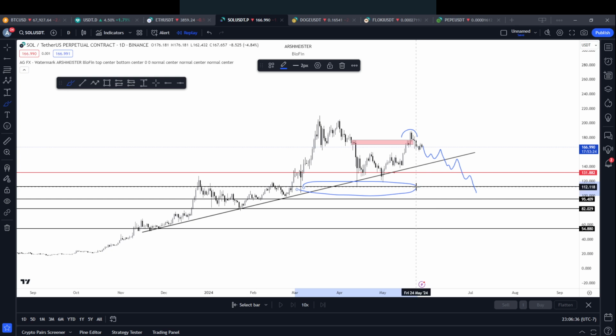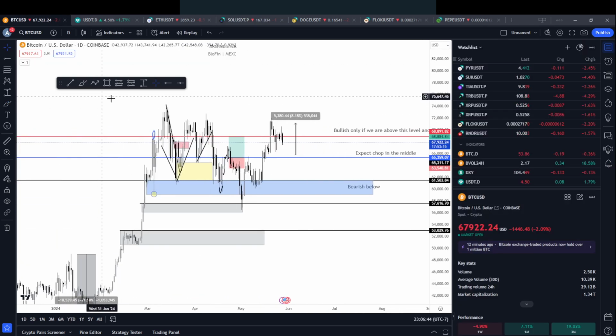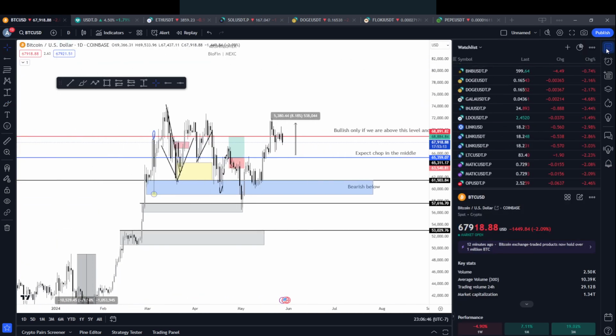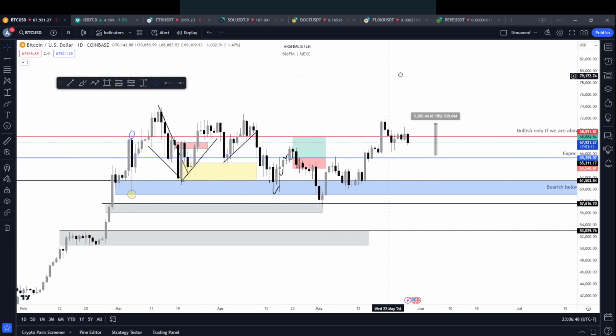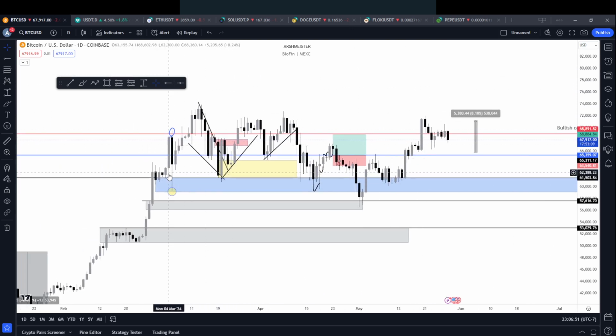And then people are going to start giving up. This will look exactly like Bitcoin, right? So here is the highs. So if I were to go back to Bitcoin, and we take a look at the daily here, right? Here is the highs, right?